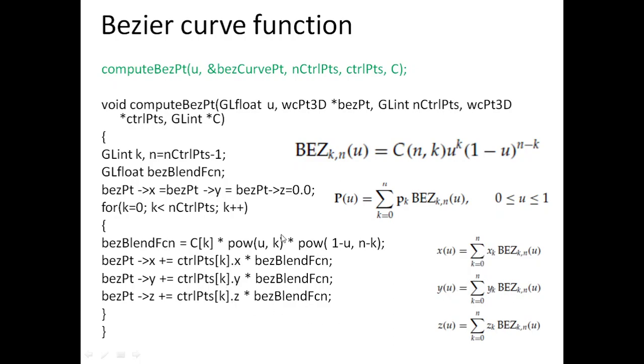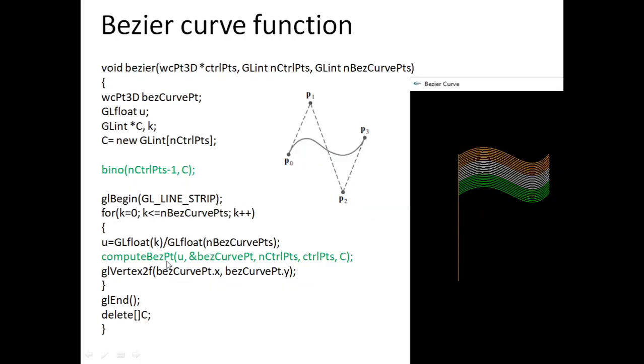So this is written here. The point is nothing but x, y, z, and that x, y, z is multiplied here. So this function will return to which function? Here it will return. So whenever you are calling the Bezier function, you are calculating these two values and it is returning.